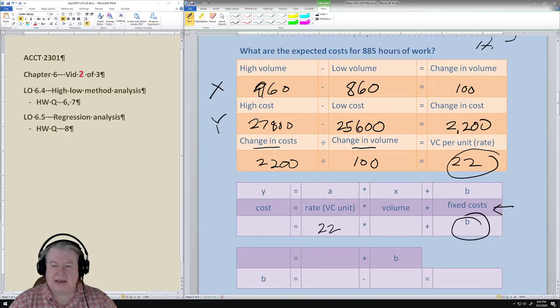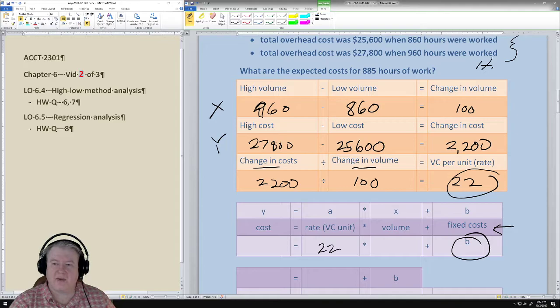Well, it doesn't matter which one you use. You can use the high or the low, but you're going to plug in 2 of the known numbers that you have into the equation and solve for B. So you could plug in 27,800 and 960, or you could plug in the 25,600 and 860. Because what we found out was that on this line, it's going to work for either one. So use either one. It doesn't matter.